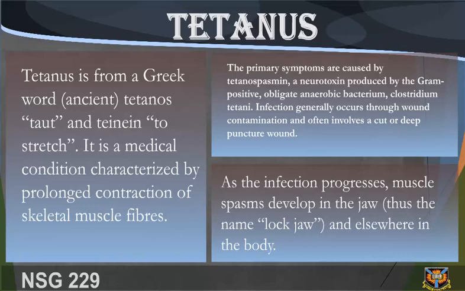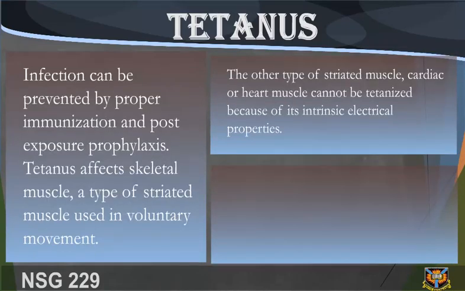Infection generally occurs through wound contamination and often involves a cut or deep puncture wound. As the infection progresses, muscle spasms develop in the jaw, thus the name lockjaw, and elsewhere in the body. Infection can be prevented by proper immunization and post-exposure prophylaxis.